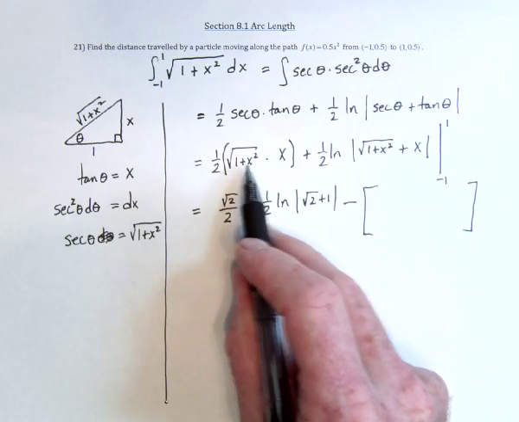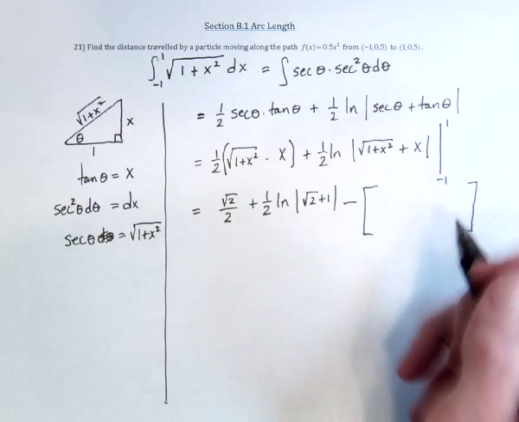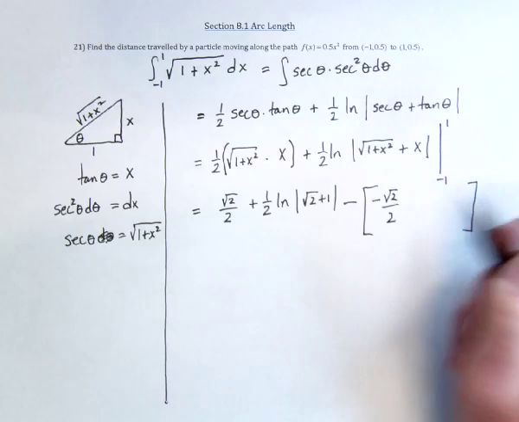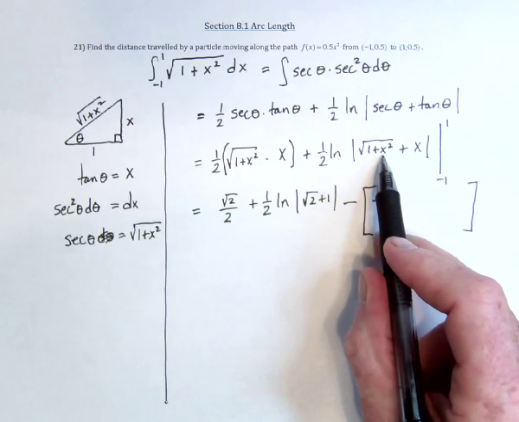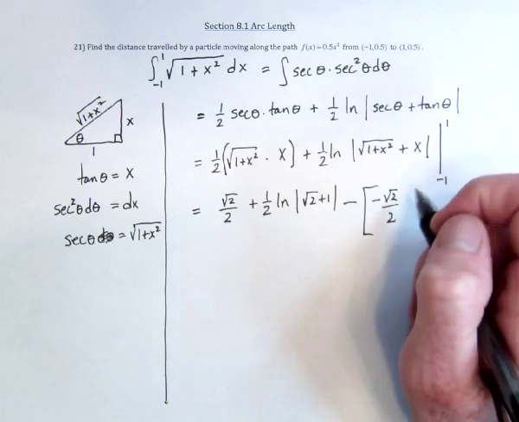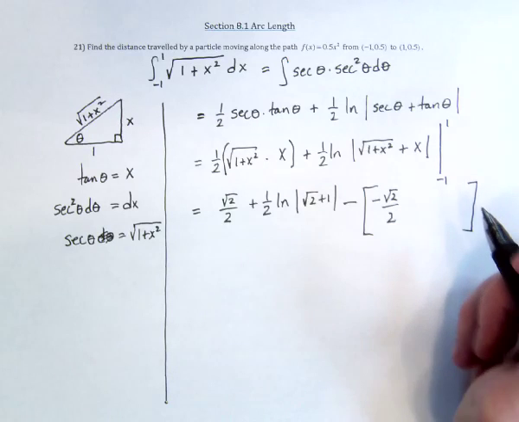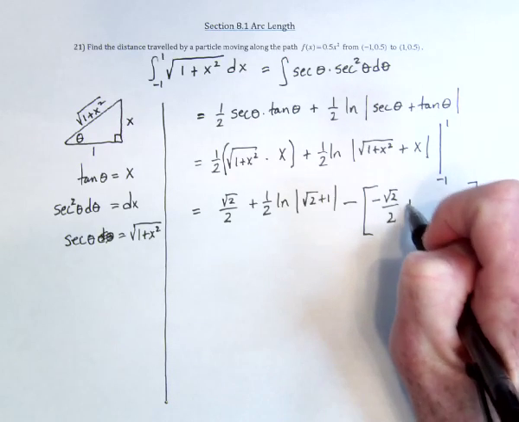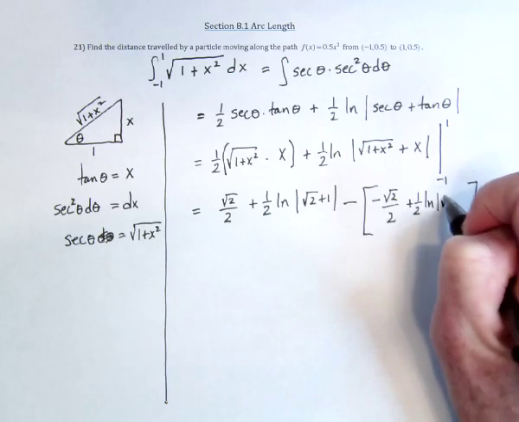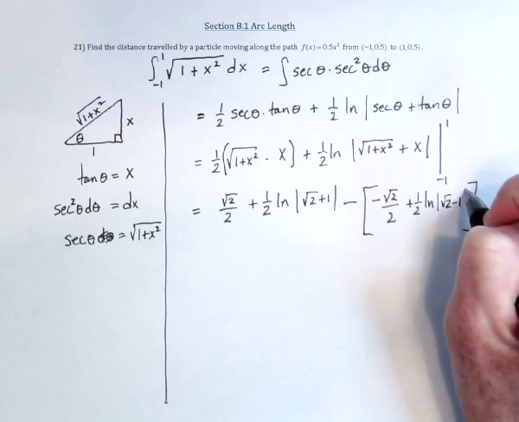This is still going to be radical 2, but because of this, it's then going to be negative. This part is going to remain the same. This will be radical 2, but then subtract 1. So then we've got plus 1/2 the natural log, and then radical 2 minus 1.